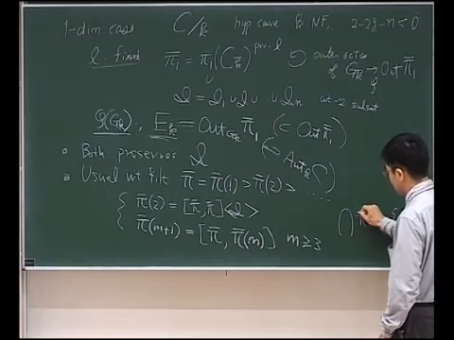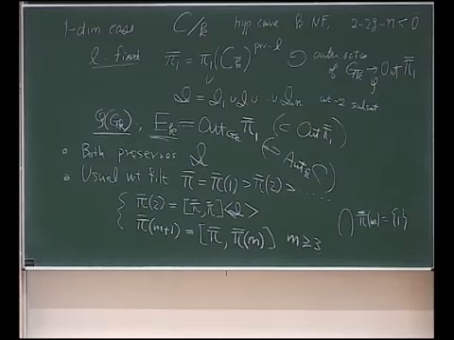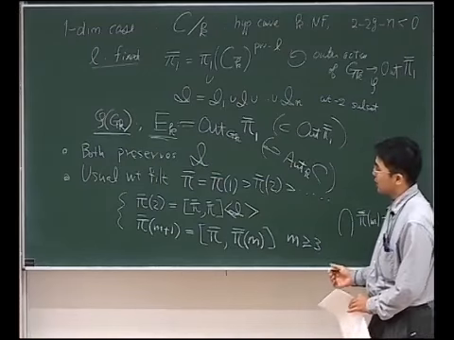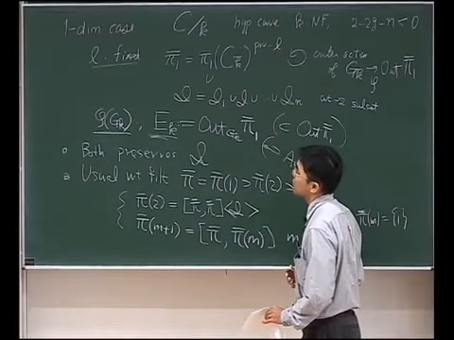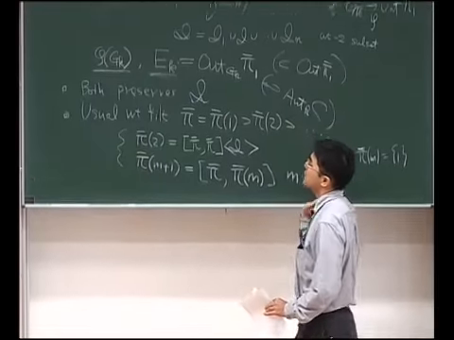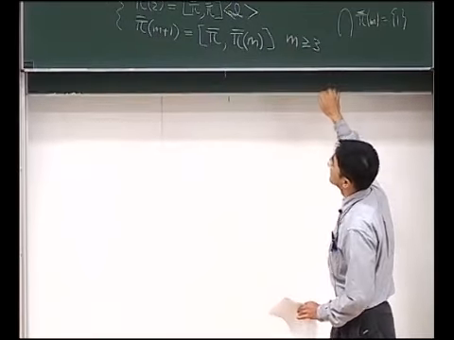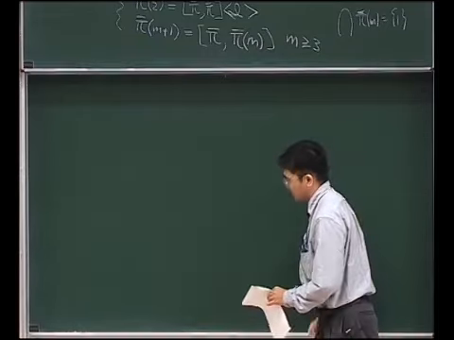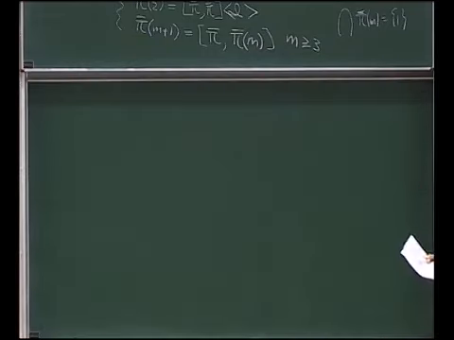And it is known the intersection is trivial. This property is very important in this pro-L context. In the profinite context, the intersection is still very big, so my method doesn't apply.